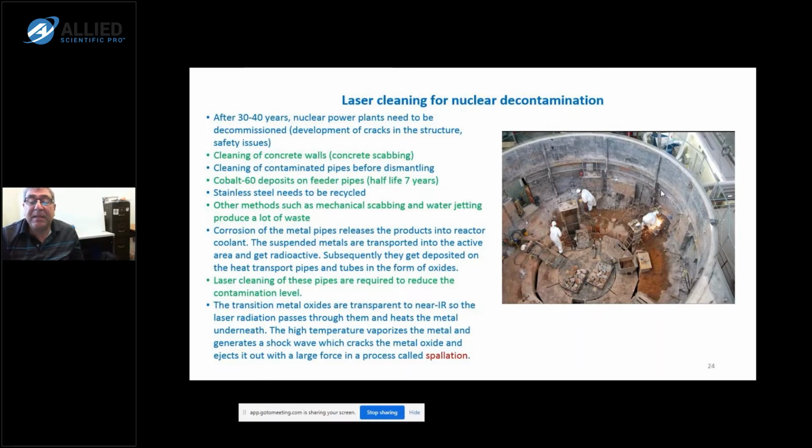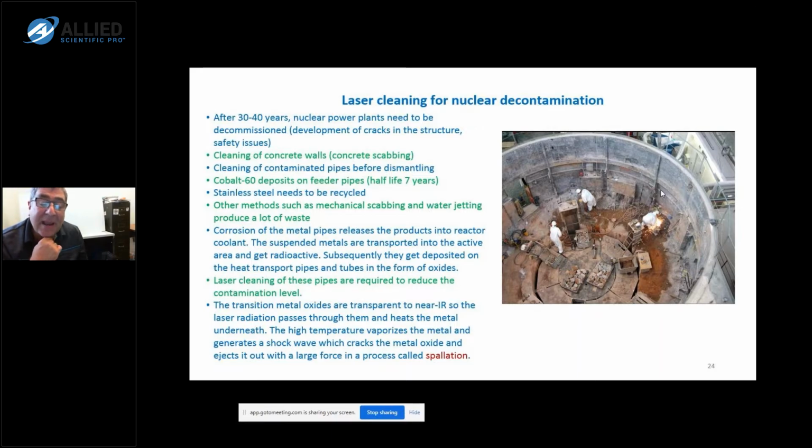So what happens in these reactors is the corrosion of the metal pipes. It basically releases the products into the reactor coolant, and that gets circulated, goes into the active area, gets radioactive, comes back and gets deposited on the pipes in the form of oxides.